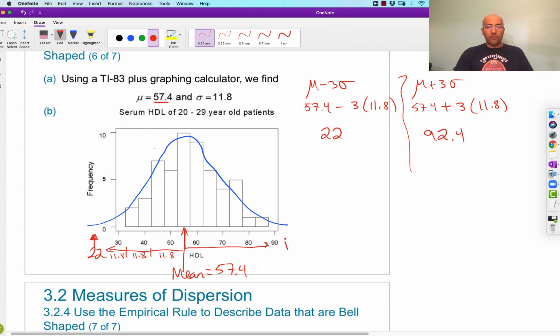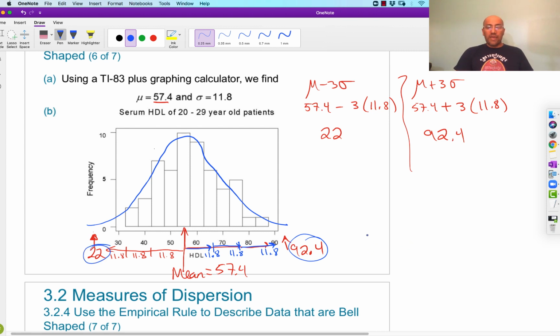So this number over here, 92.4, will be a value that is approximately 3 sigmas to the right. So if we go this way and we measure 11.8, and then again another 11.8, and then finally one more time another 11.8, we'll get to the mean plus 3 sigmas. That's 92.4. And mu minus 3 sigmas, that's 22.